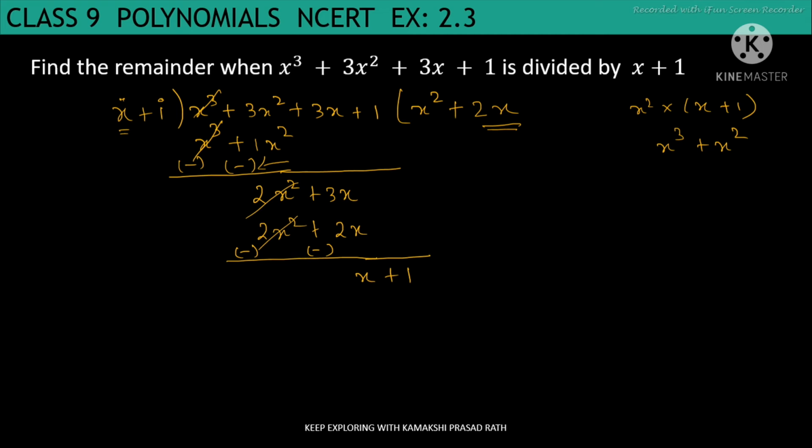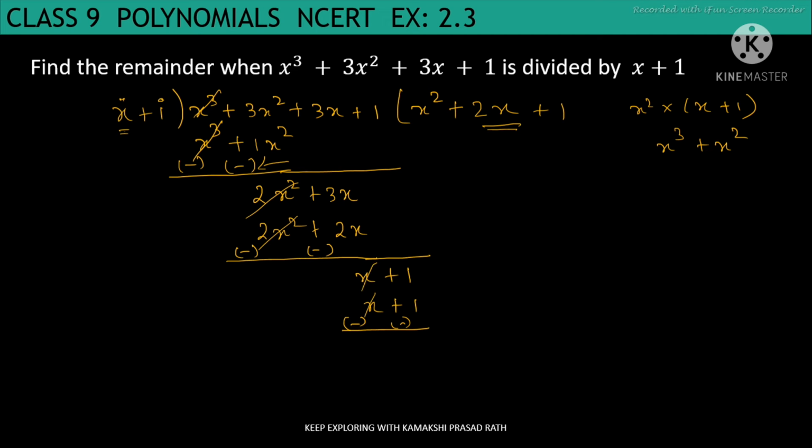So x plus 1. Now the first term is x here, the first term is x here. So x into how much will give you x? 1. So x into 1 is x, and again 1 into 1 is 1. So we get x plus 1. So you have just multiplied the first term and the second term, both x plus 1 with 1. So again subtraction.